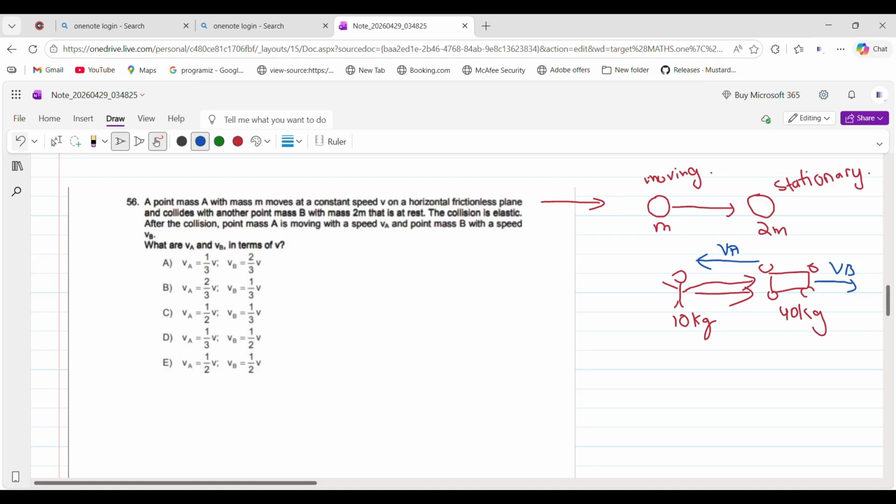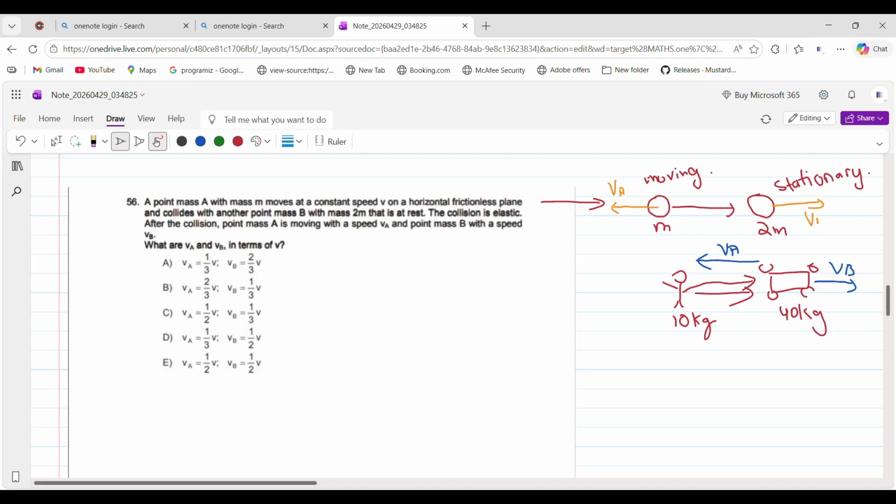So if you have to find the final velocity of object A, this is our A object, it will of course start moving in the backward direction, which is VA, and the stationary object will start moving in the forward direction with a smaller velocity, and that would be VB.